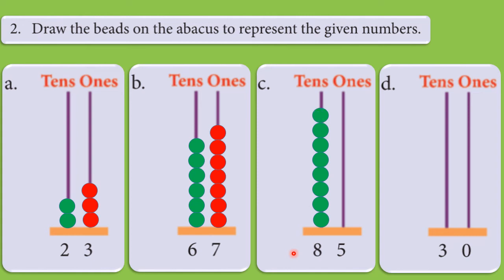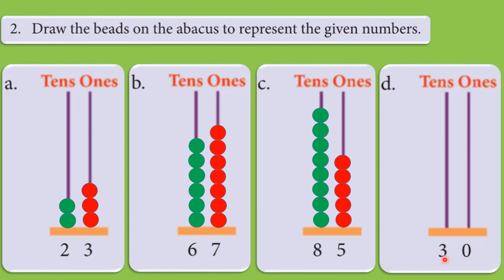So we have drawn 8 beads on tens place rod. Now let us draw 5 beads on ones place rod. 1, 2, 3, 4, 5. So this represents the number 85.